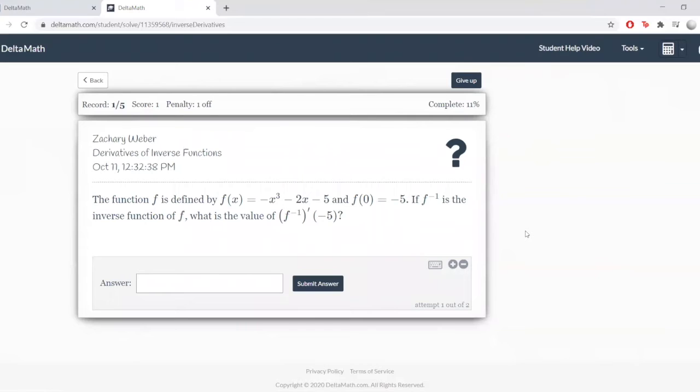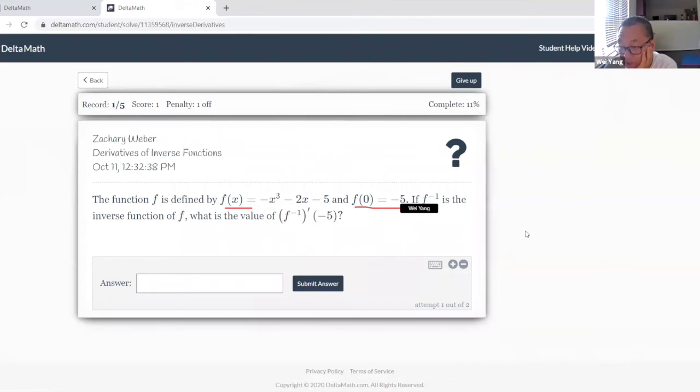Okay, now let's go to the next one. All right. So here they give you this f(x). Then they also give you this: f inverse, the inverse function of f, and they ask you this one at -5. This is exactly the same as the previous problem. So first, let's find the derivative of f(x). This one equals -3x squared minus 2, right? Then from this, you can get the inverse function value: f inverse of -5 will equal 0.